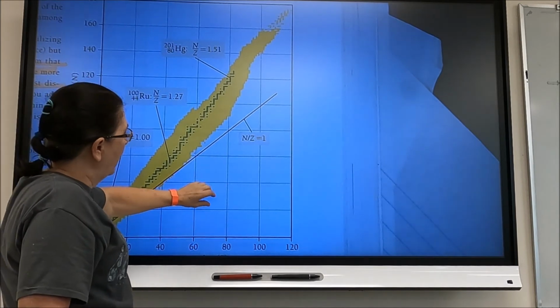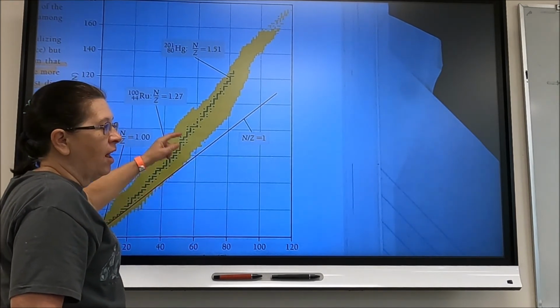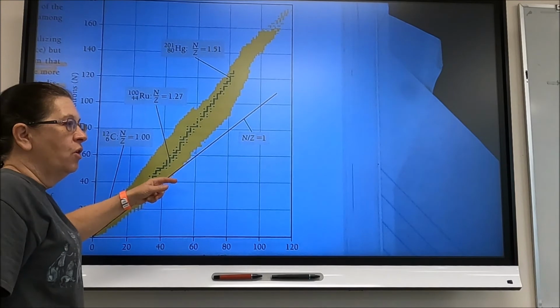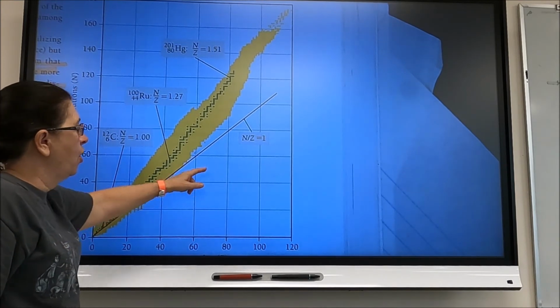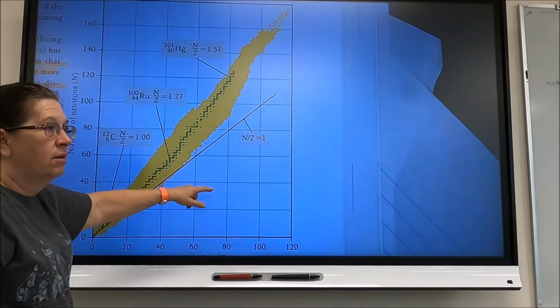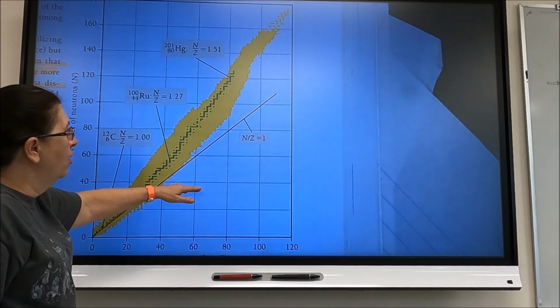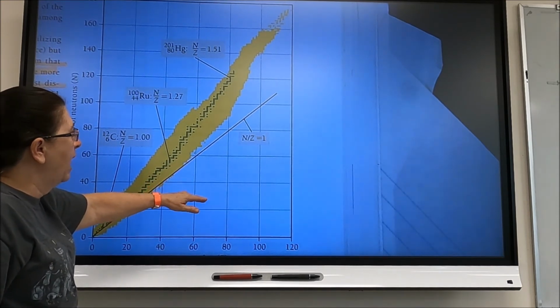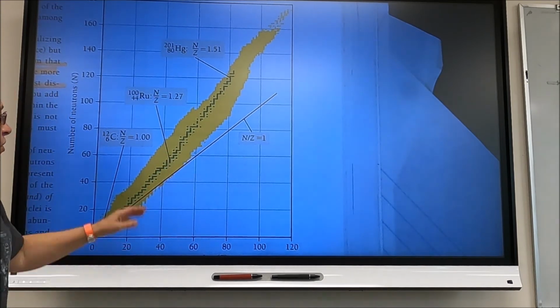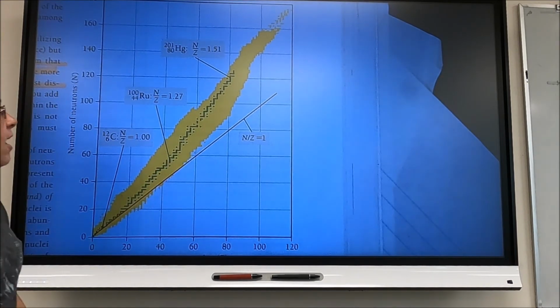If you're down here, you've got too many protons compared to neutrons, you're either going to undergo positron decay, where a proton decomposes, or you're going to undergo electron capture to try to get to the magic dotted line.